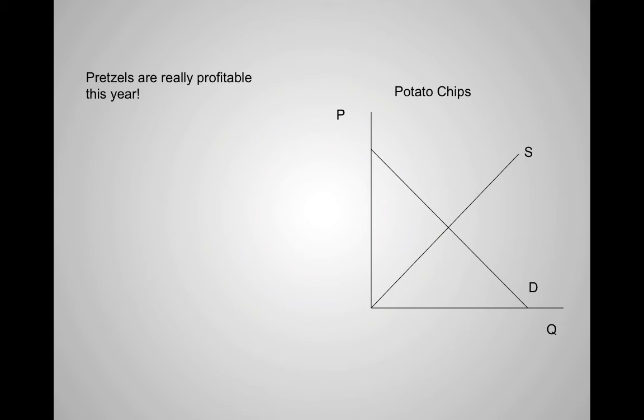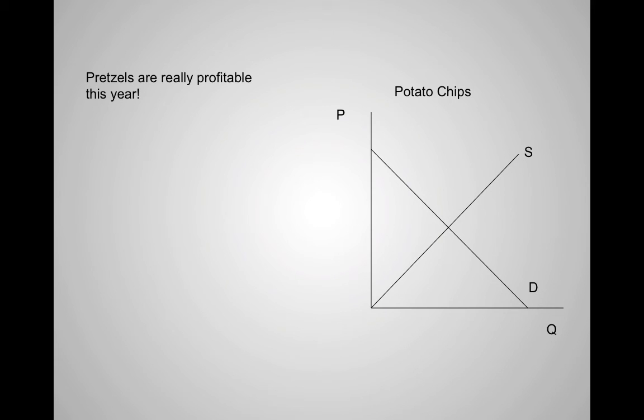Let's look at another example. We're looking at the market for potato chips. However, people don't eat potato chips as much anymore. Maybe they've heard that they're very unhealthy and full of trans fats, and also the fact that pretzels are really, really profitable. So if you're a producer of chips, you can produce either chips or pretzels.